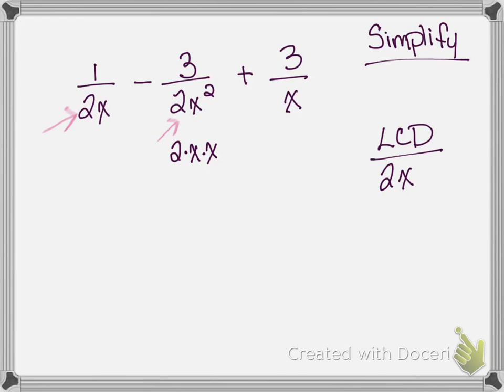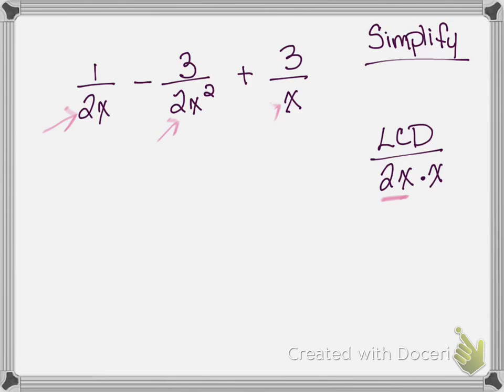I need to add a second x, okay? Because I've got 2 times x times x here, but in my LCD over here, I've only got 2 times x. So I've got to make sure that other x is included in my LCD. Now here, for my last one, I'm looking at this x. Is x already included in my LCD? Yes, so I don't have to add anything else.